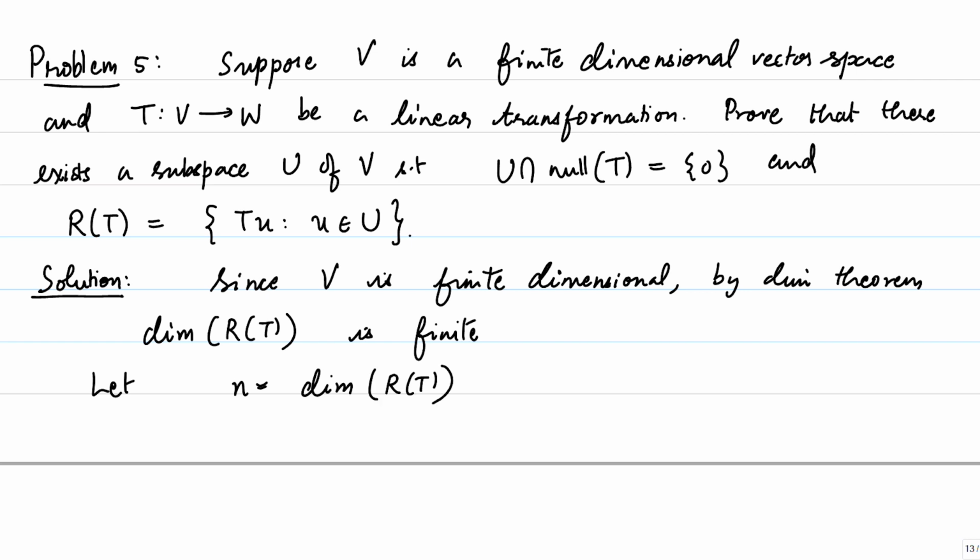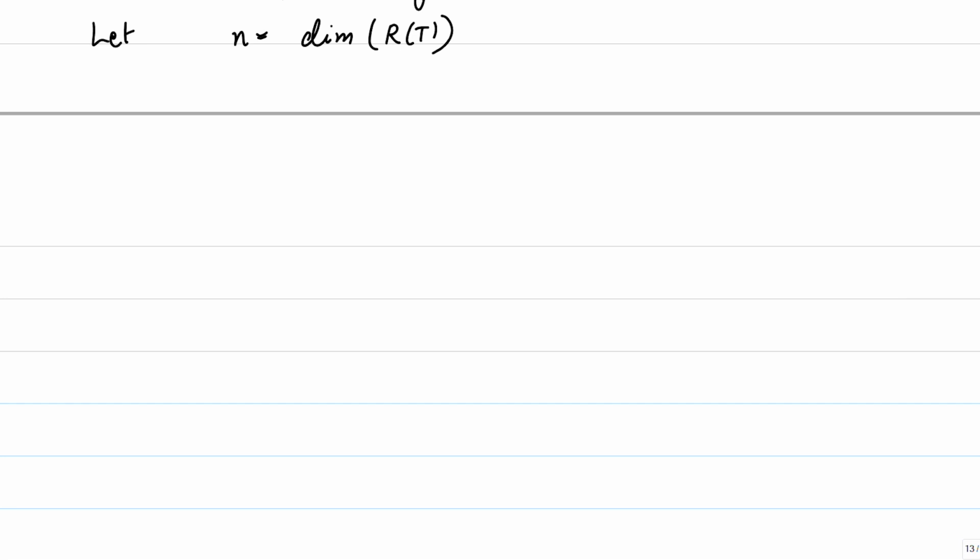And what does it mean to say that n is the dimension? There are bases of R of T of size n. Let beta be one such basis, w1 to wn a basis of R of T. But what do we know about R of T? R of T is precisely the range of T. So in other words, every wi is the image of some vector vi.